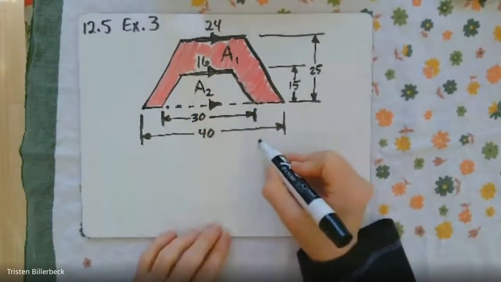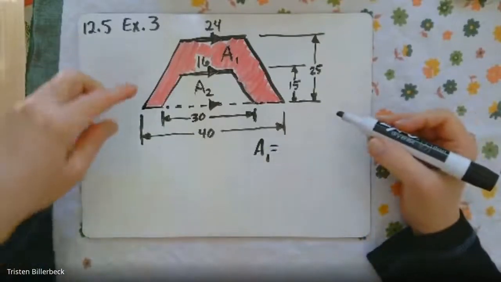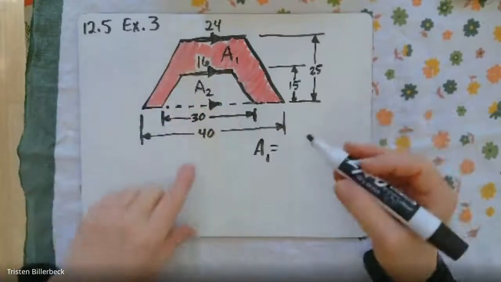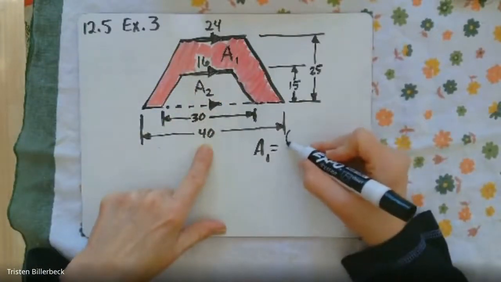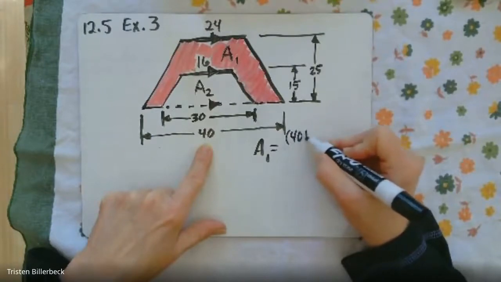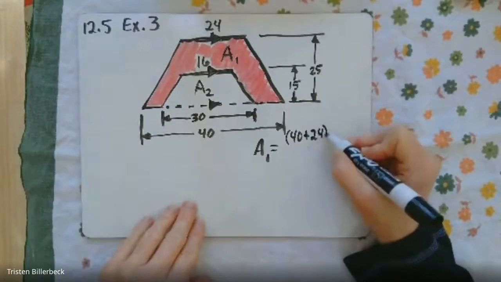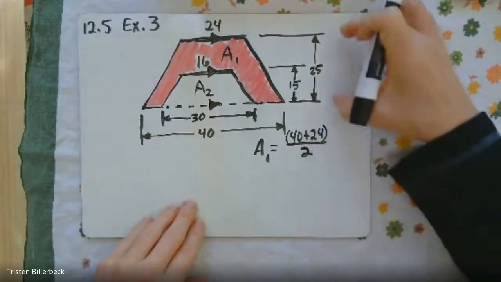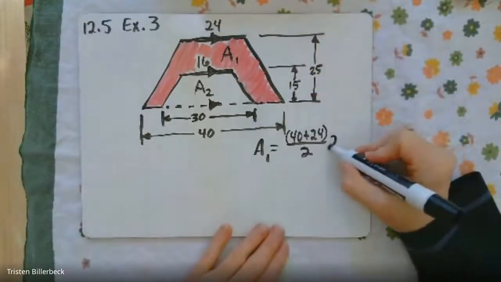All right, so A1 is going to be, and the bases are here. So here's one base for A1, and one base for A2. And the height for A1 is 25.